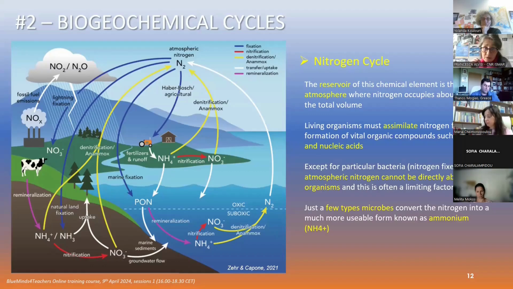There is a specific family of bacteria that can do that, and they help the organisms then to use this nitrogen across all the cycles and processes. So you can see that these processes are all complex, but you can try to connect your activity to some of these cycles or some of these processes.